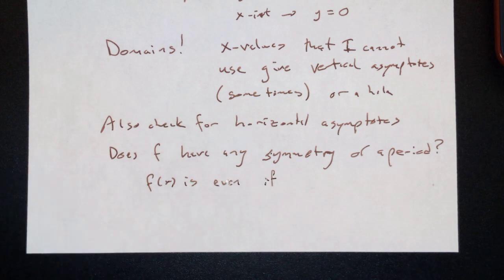Say that again, Shalanta. If I take the left side and I fold it over the middle, right over the y-axis, everything on the left is exactly the same as everything on the right.